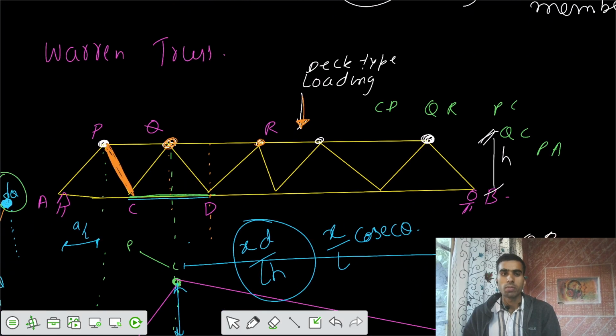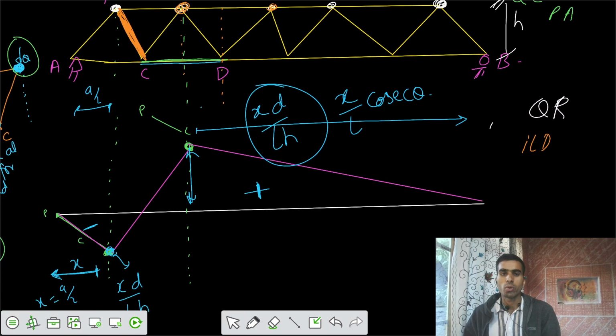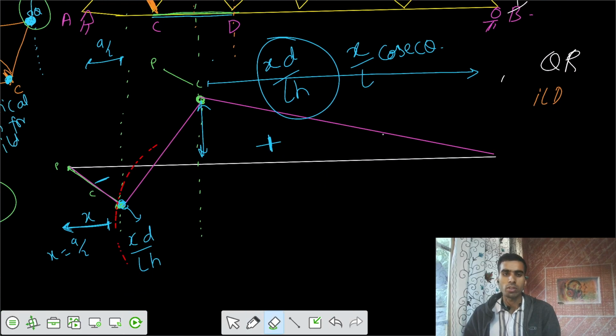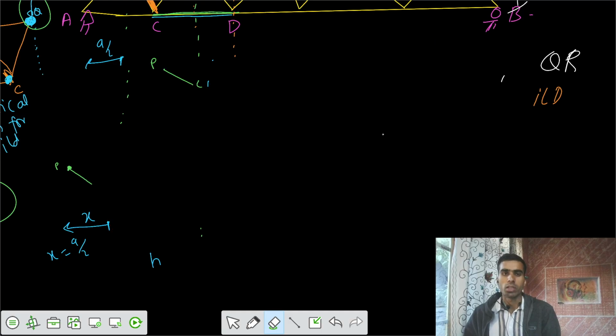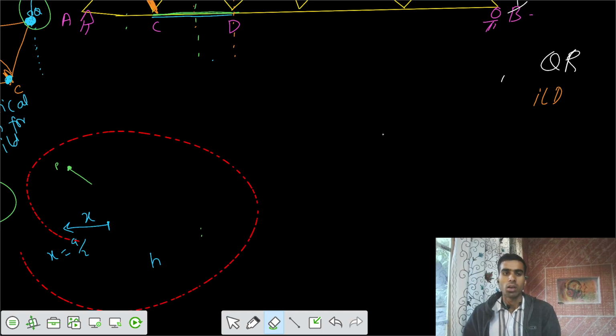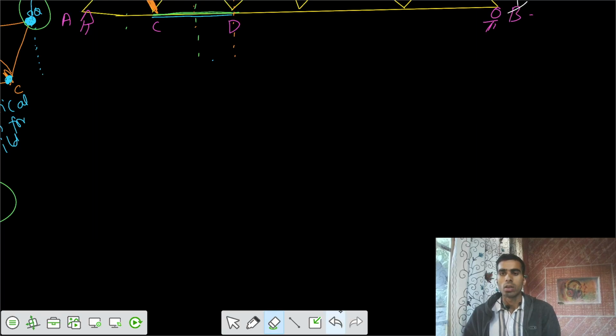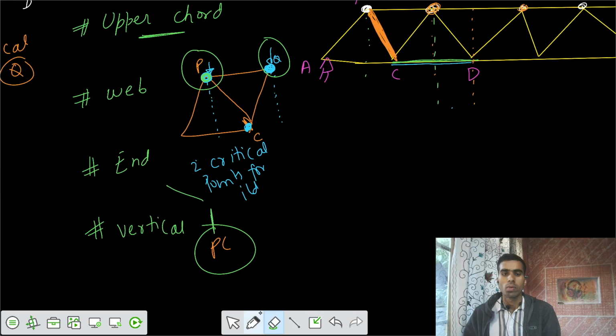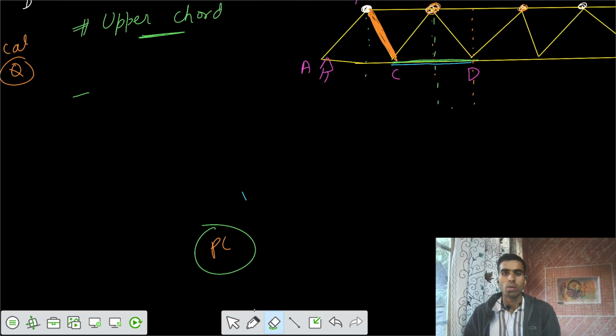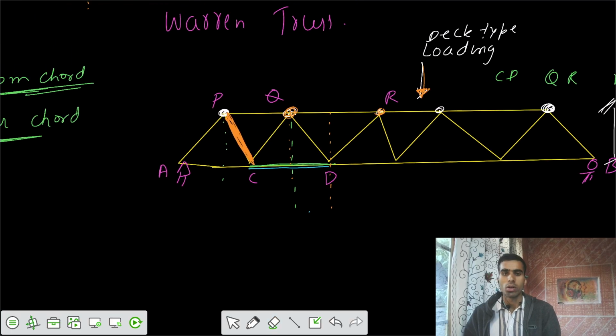Now we are going to see member QC. Let's remove this now. You check where the member QC is.